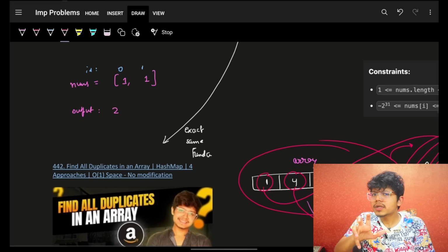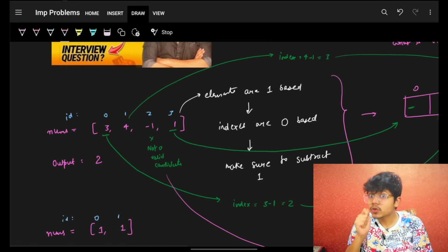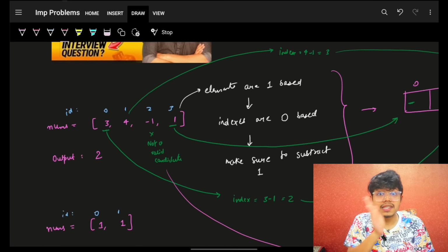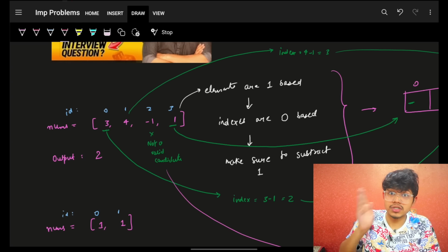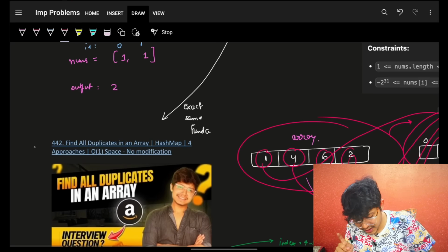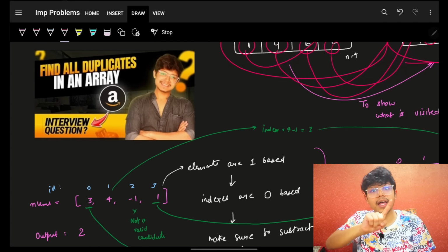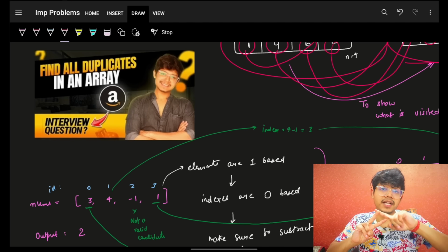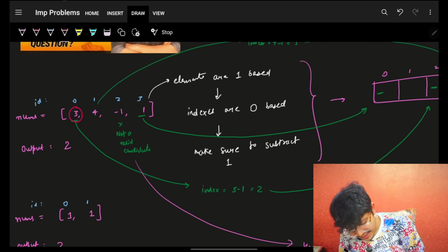So you have to make sure in some way that you track if some number is visited or not. How will you do it? Simply using the same array itself, as we also did in this example. We use the same array because we cannot make another array, and we also have to keep track of whether something is visited or not. So, okay, the element is 3.